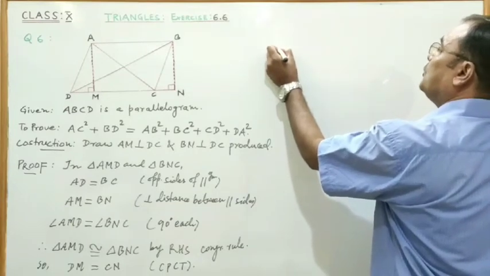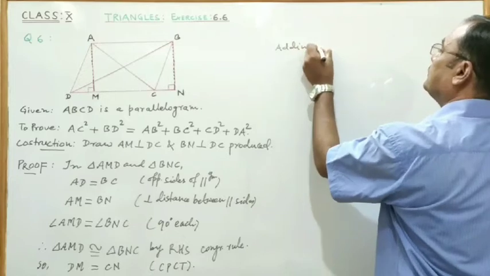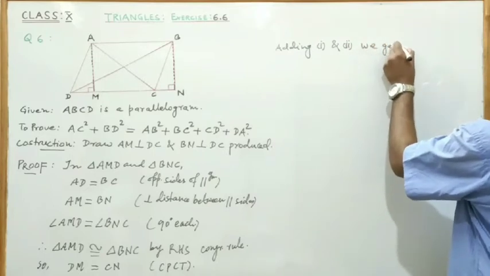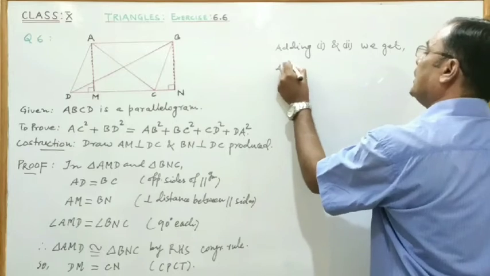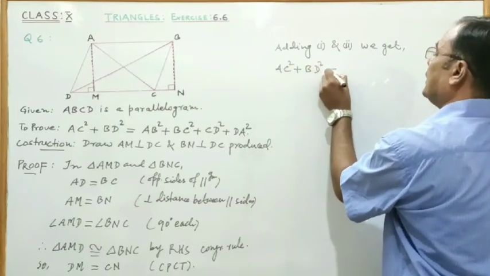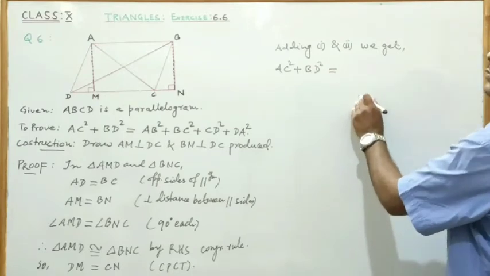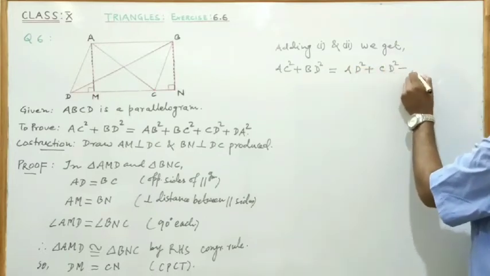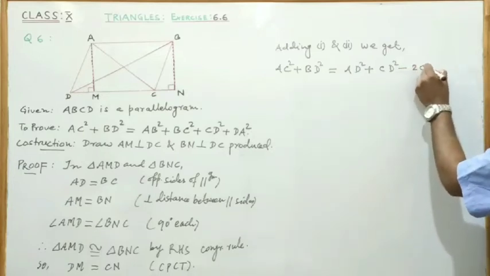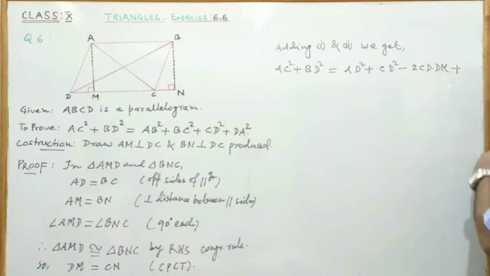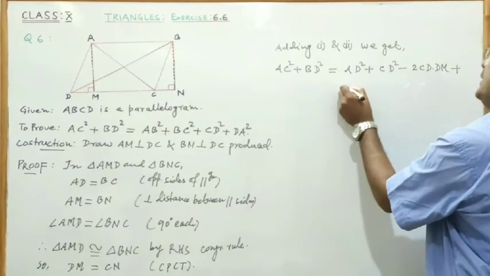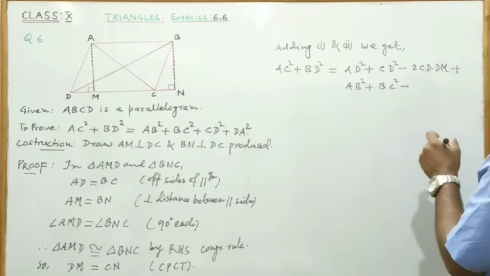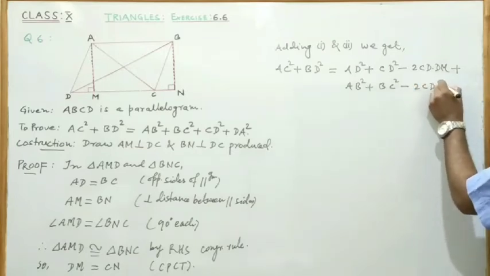Adding 1 and 2, we get AC square plus BD square equal to AD square plus CD square minus 2CD into DM plus AB square plus BC square plus 2CD into DM.